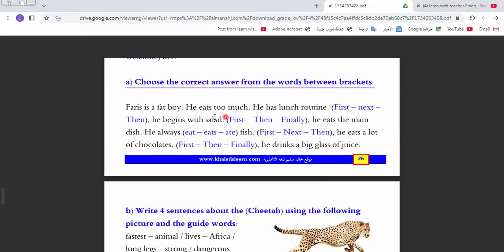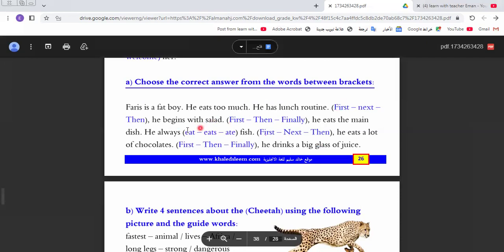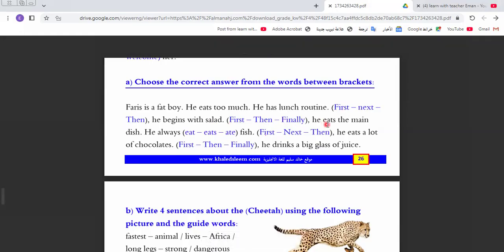I will repeat this text again. Faris is a fat boy. He eats too much. He has a lunch routine. When we say begins, I start with first. First, he begins with salad. Then he eats the main dish.